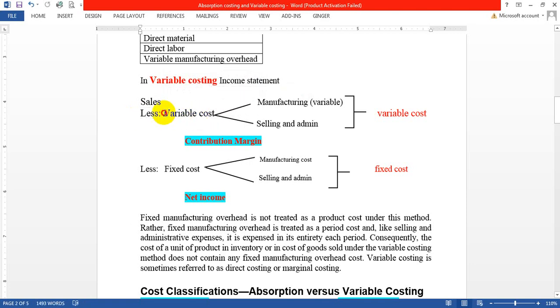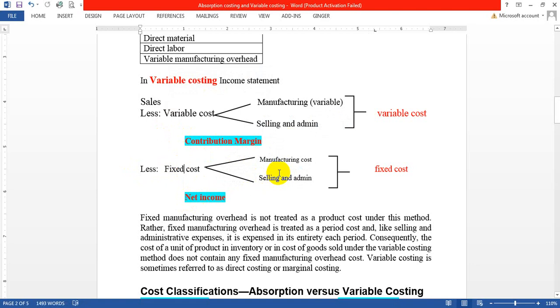What is the variable cost? The manufacturing variable cost and the variable selling and admin cost. We take all variable cost, so we deduct all variable expenses from our sales and we get the contribution margin. After deducting all my fixed expenses from my contribution margin, we get net income.